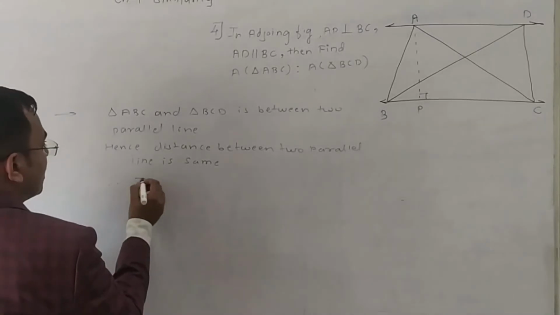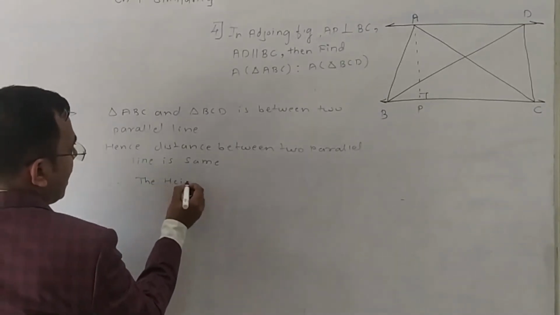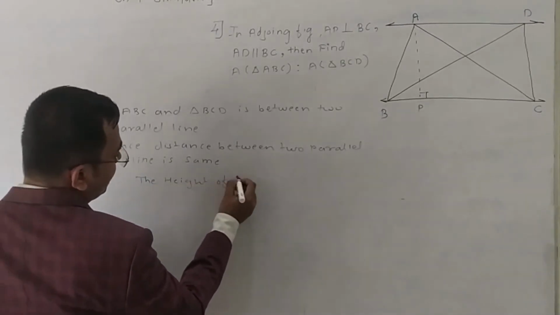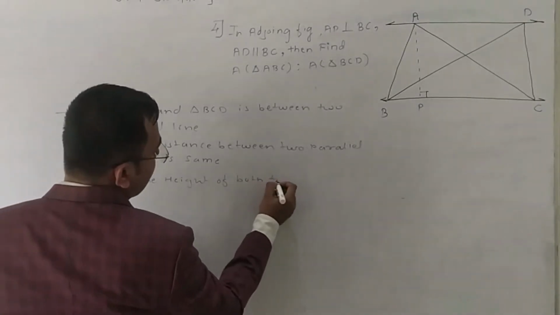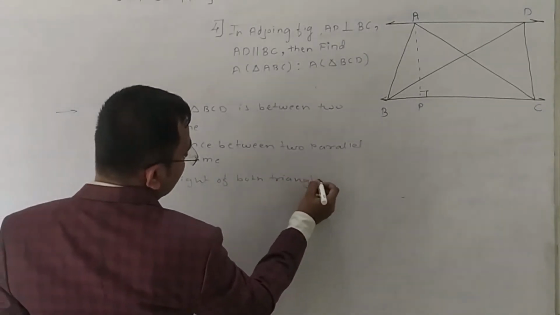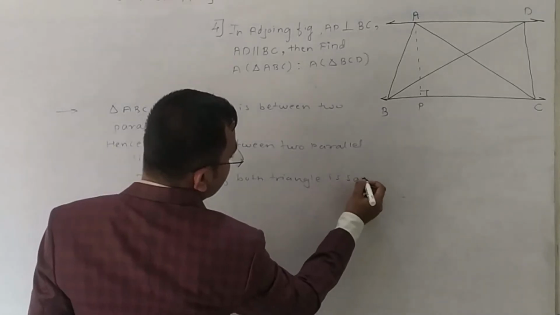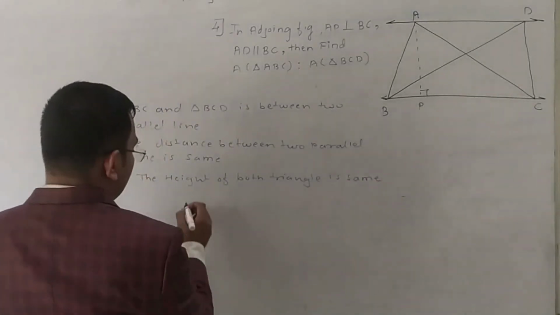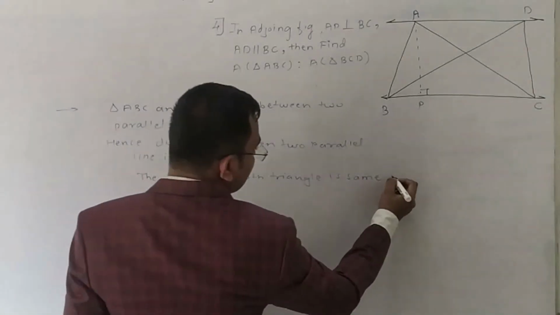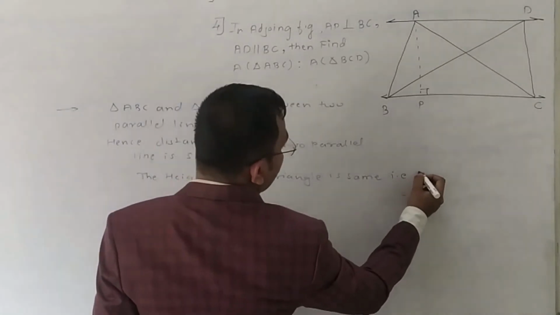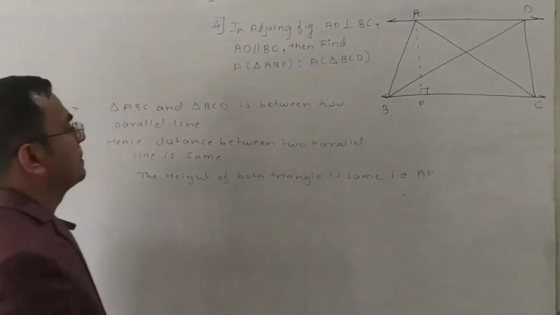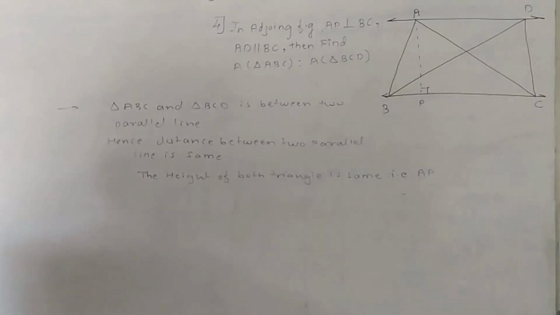Therefore, the height of both triangles is the same, that is AP.